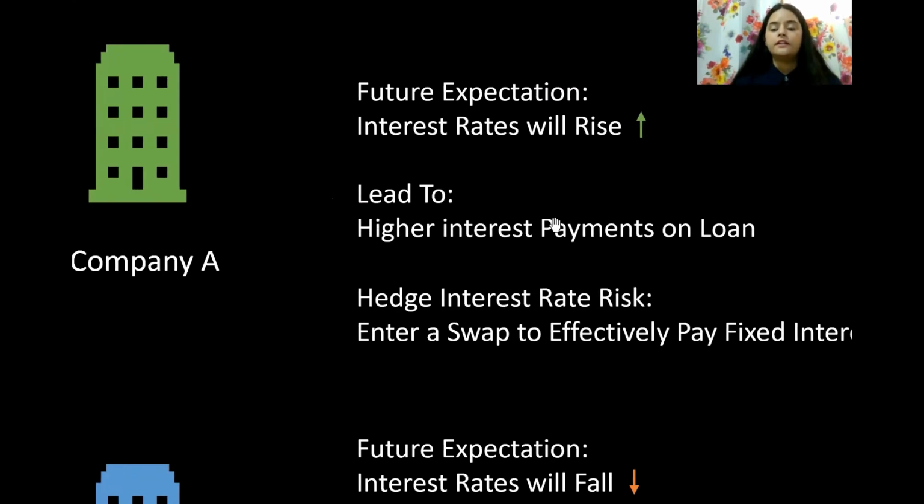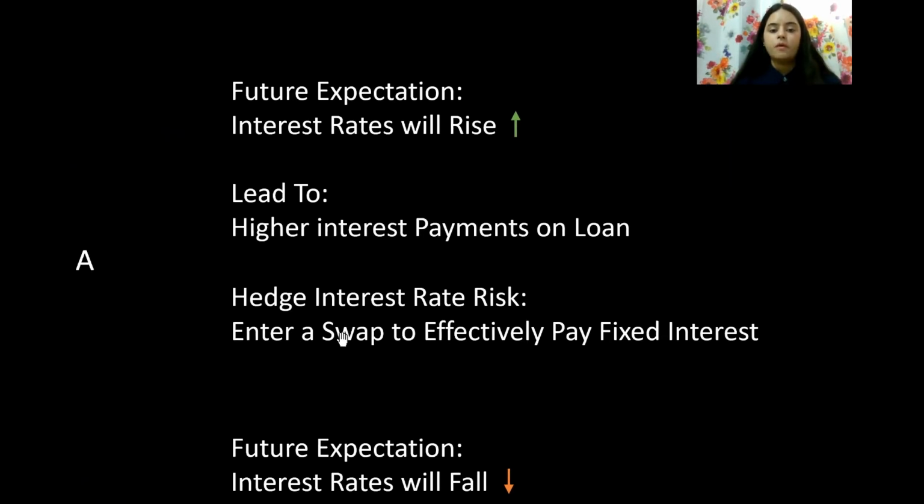This will lead to higher interest payments on the loan. So to hedge this risk of interest rates increasing, company A would want to enter into a swap, effectively paying a fixed interest rate so that its cash flows are not affected by the increase in interest rates.